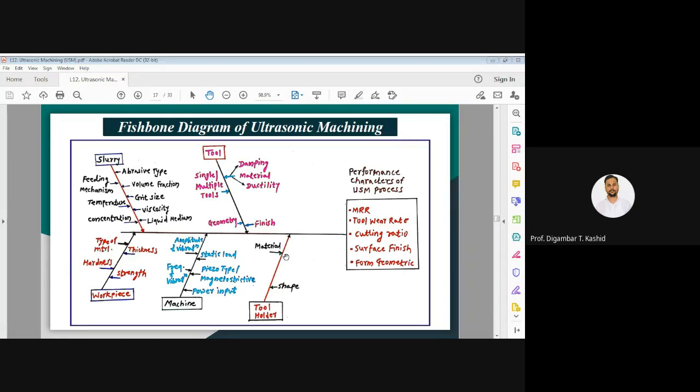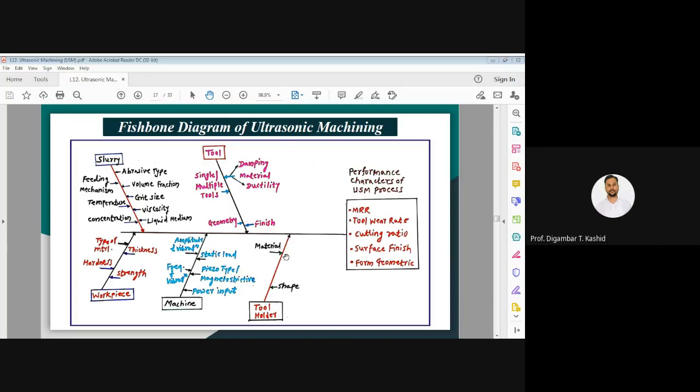For example, if you change the type of workpiece material, or the abrasive type, or the amplitude of vibration or the frequency, you can check how the performance of your process changes. After many experiments you can choose the optimal solution.